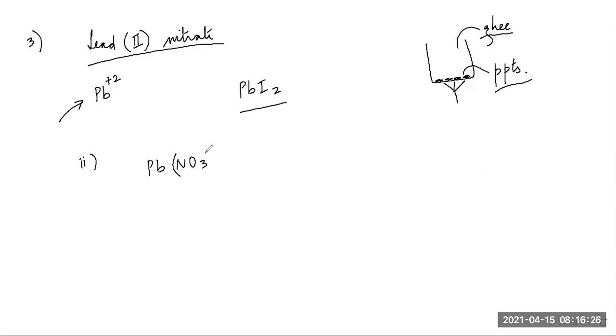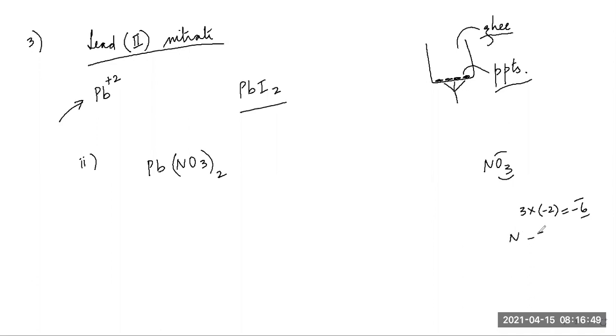Pb(NO3)2, because you see the NO3 nitrate ion, what is the valency? Yes, oxygen, 3 atoms into -2, so it's -6. One oxygen atom is short of 2 electrons, 3 oxygen atoms will be short of 6 electrons.